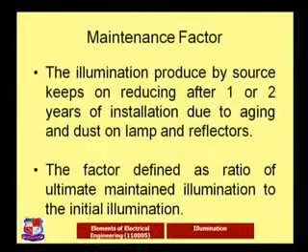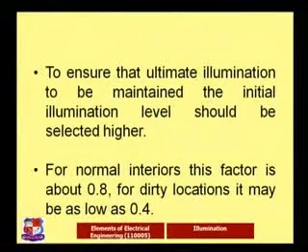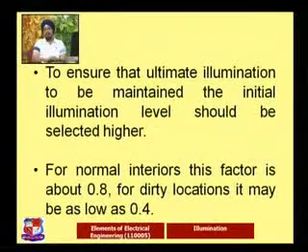To ensure that the ultimate illumination is maintained, the initial illumination level should be selected higher, so that when losses occur our work does not suffer. For normal interiors this factor is about 0.8, and for dirty locations or where gloom is present, it may be as low as 0.4.